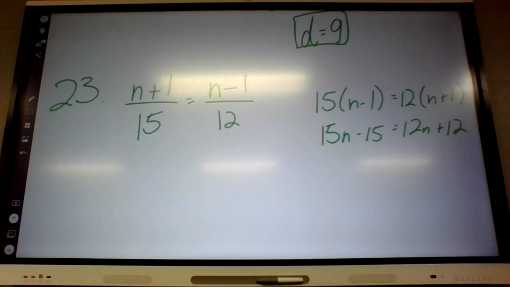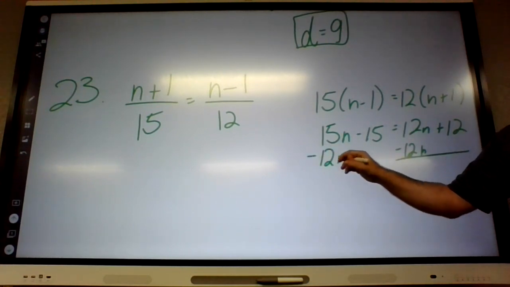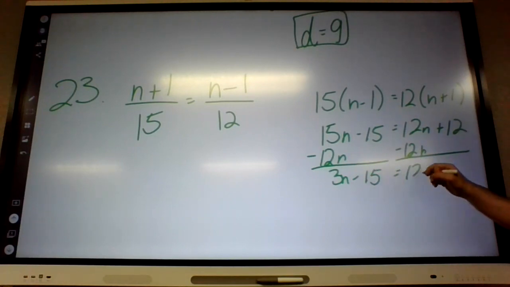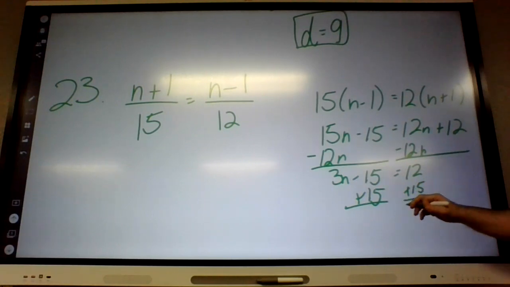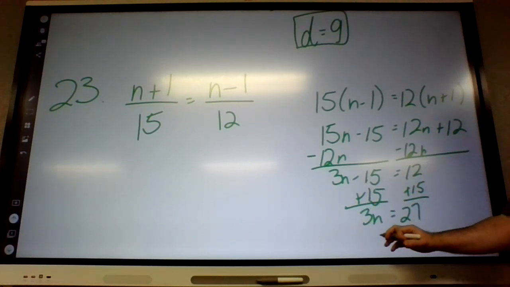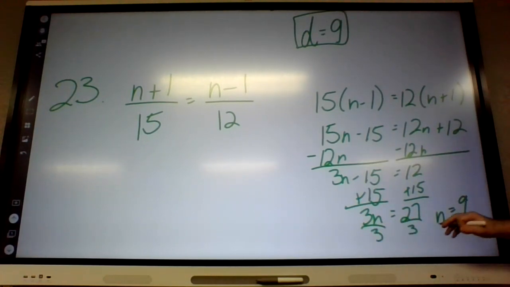And then you could subtract 12n on both sides. It would be 3n minus 15 equals 12. And then you add 15, and that'd be 27. You divide by 3, and that'd be 9. After the first couple steps, it turns into a normal problem. n equals 9.